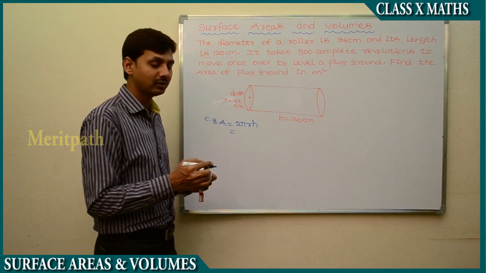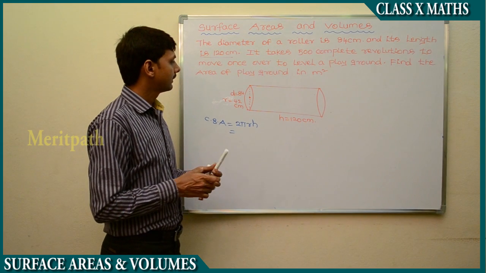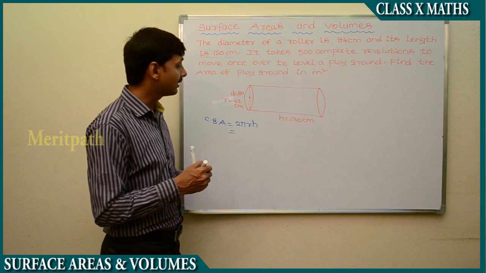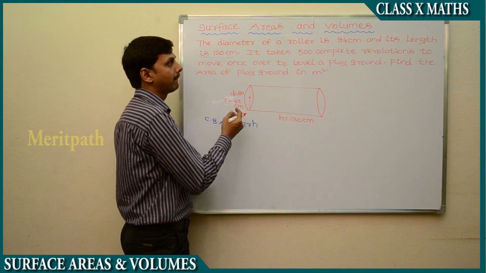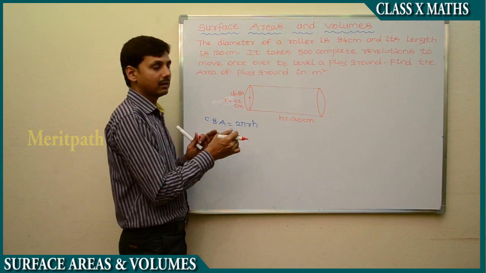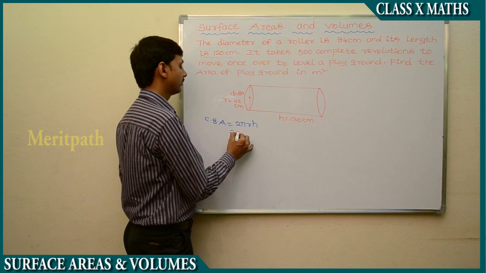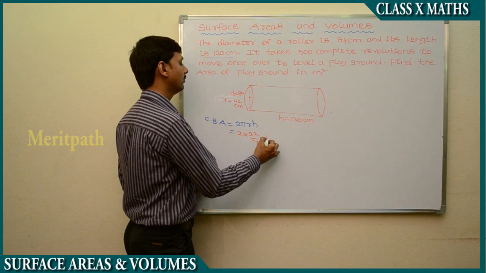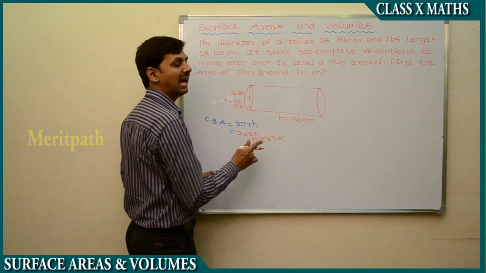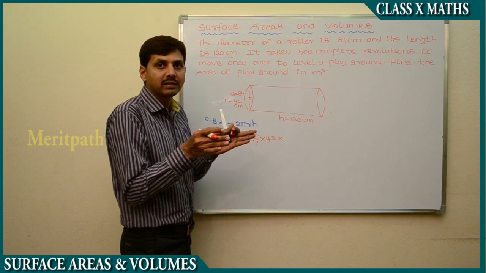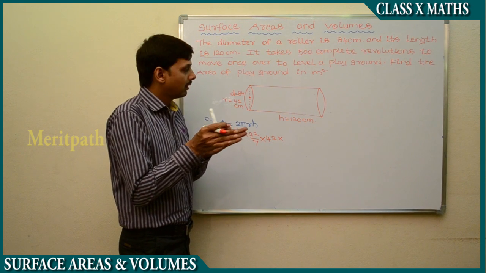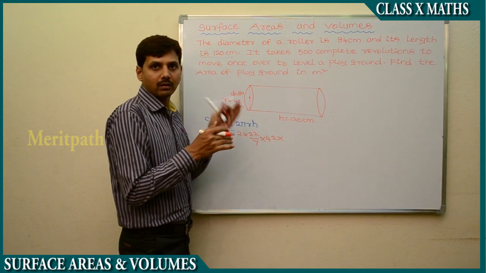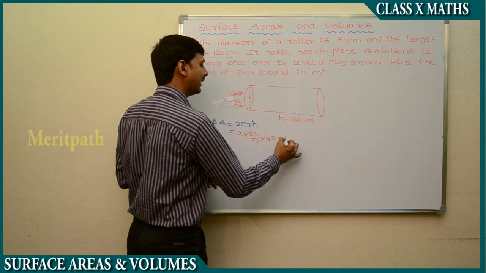So 2 pi r h. We know the radius of the roller is 42 centimeters. So 2 into 22 by 7 into r, which is 42, into h. The height or length of this roller is 120 centimeters.